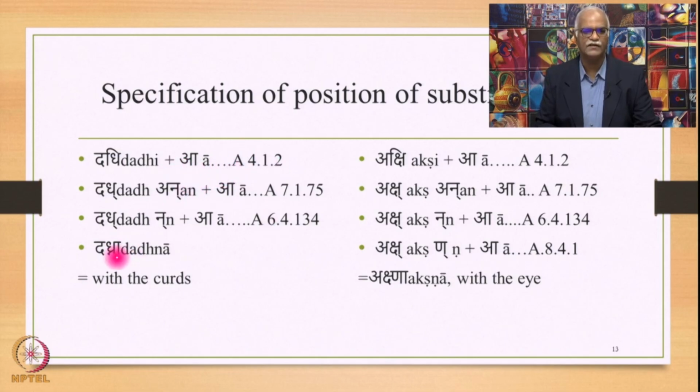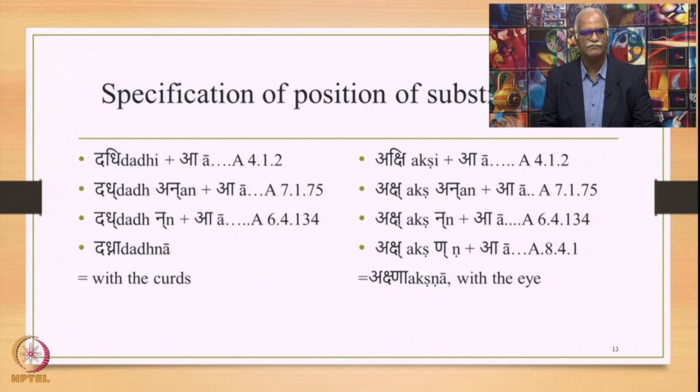So to derive the word dadhna, Pāṇinian grammar substitutes this i by an, and this is triggered by the marker ng. Let us look at this example, akshi plus a. So if you have to say with the eye, you will take the nominal root akshi and add the instrumental singular case a, which is what we have done in the first step of derivation.